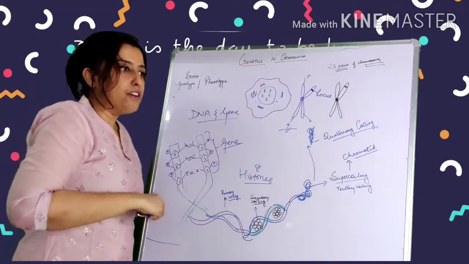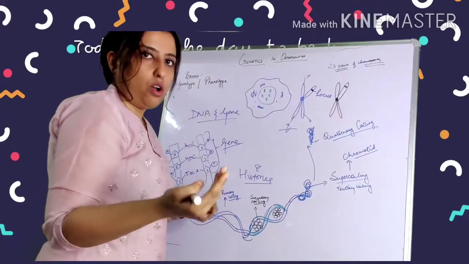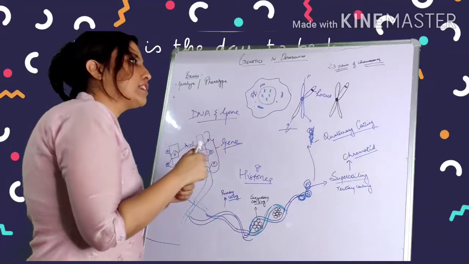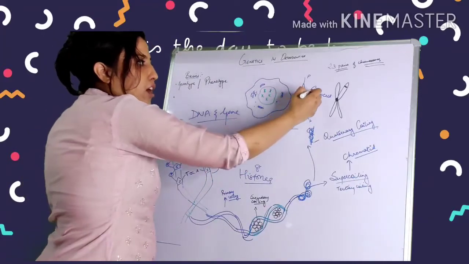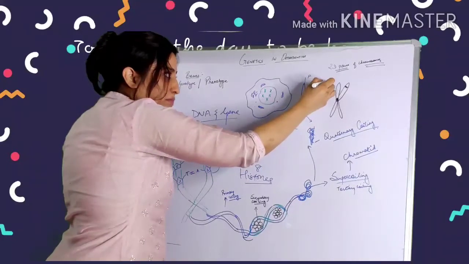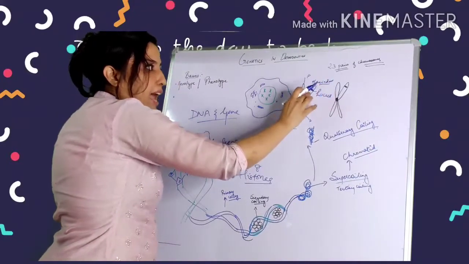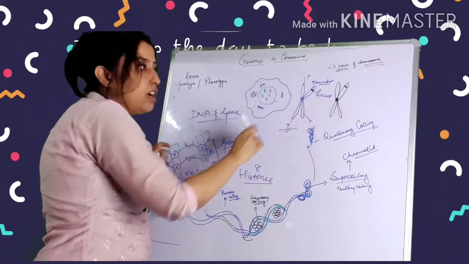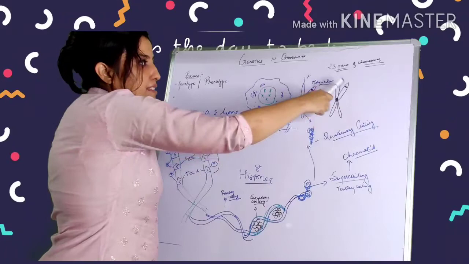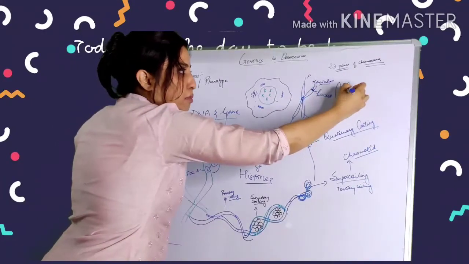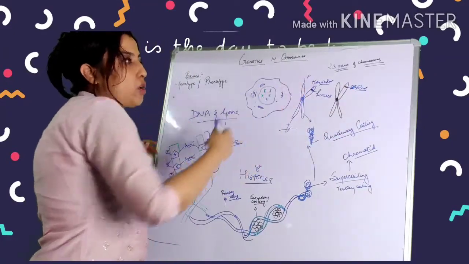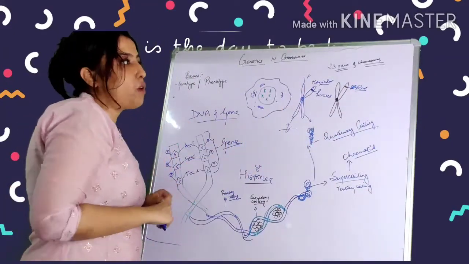Now if you have variation of any gene, suppose you have a gene here for, as I told you, hair color, imagine, right? You have black hair color, that gene is supposed to be here. Now in any other person, that gene could be present on the same location, but it could be for blue hair color, for red, or for brown hair color, right? So these are called alleles.